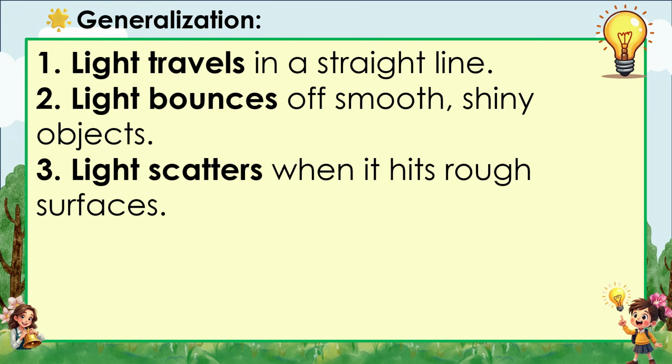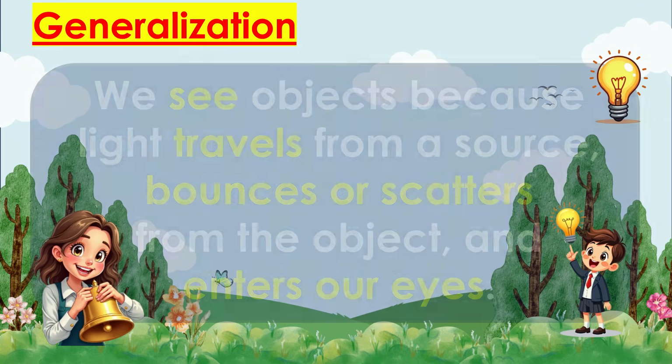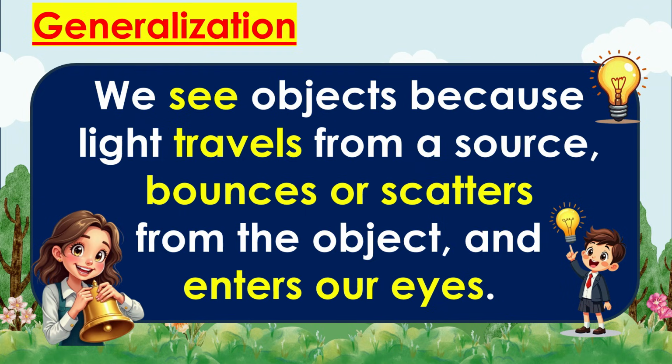Light scatters when it hits rough surfaces. 4. We see things because light enters our eyes after bouncing or scattering from the objects. So we see objects because light travels from the source, bounces or scatters from the object, and enters our eyes.